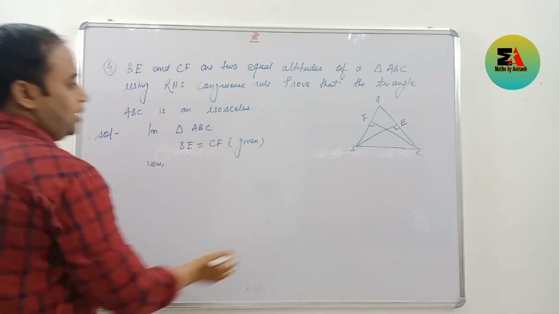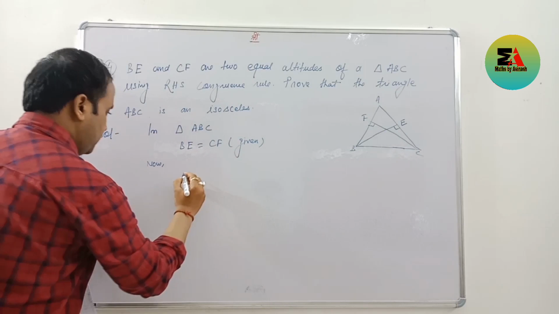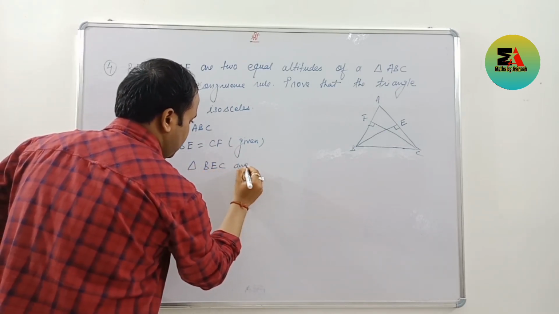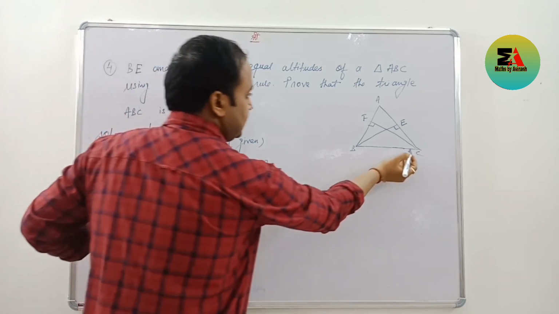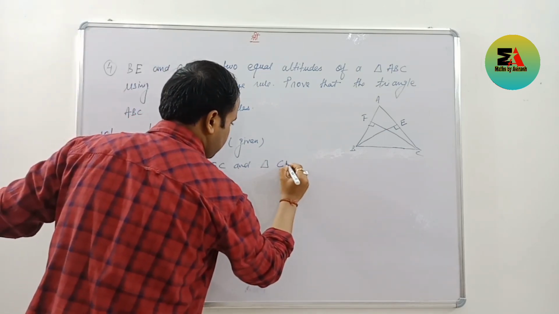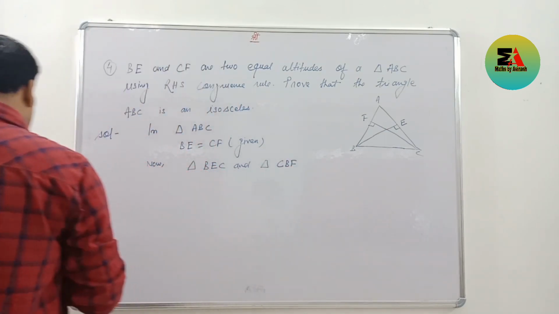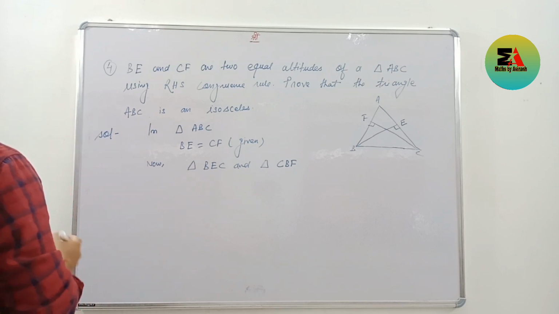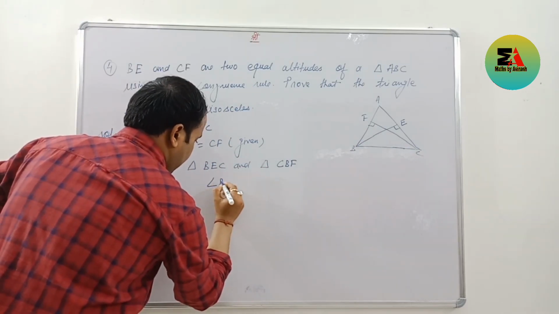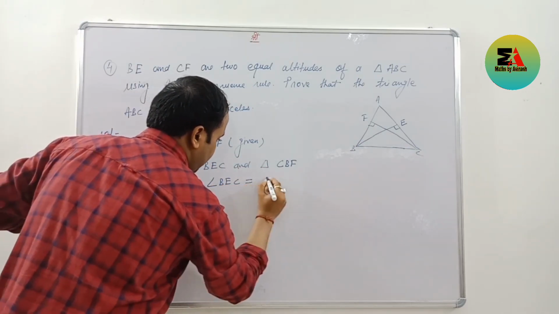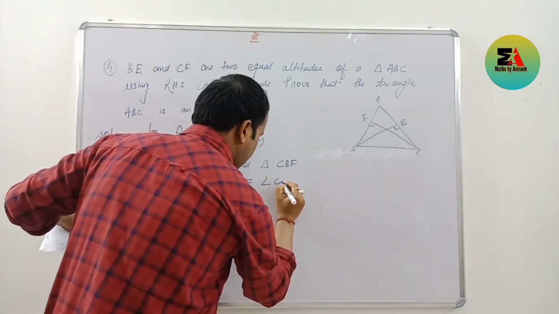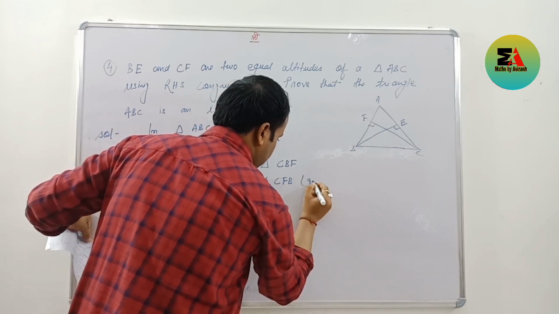Now we have to take triangle BEC and triangle CBF. In these triangles, angle BEC is equal to angle CFB. This is 90.